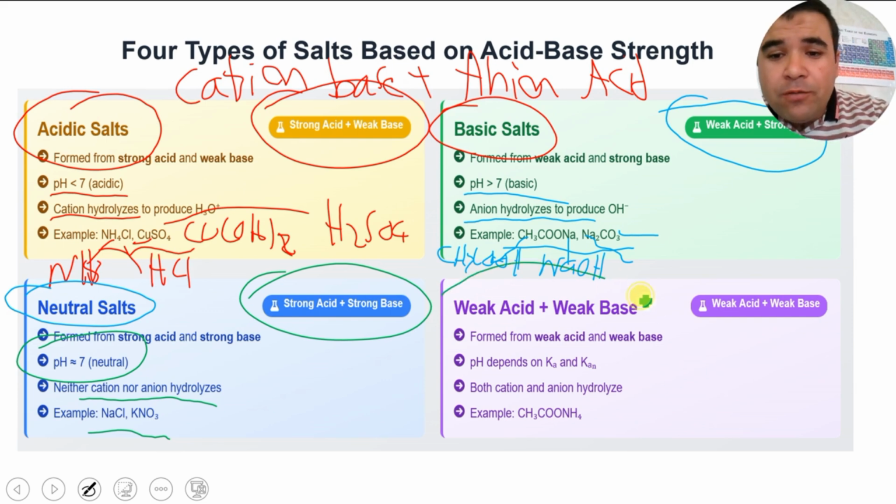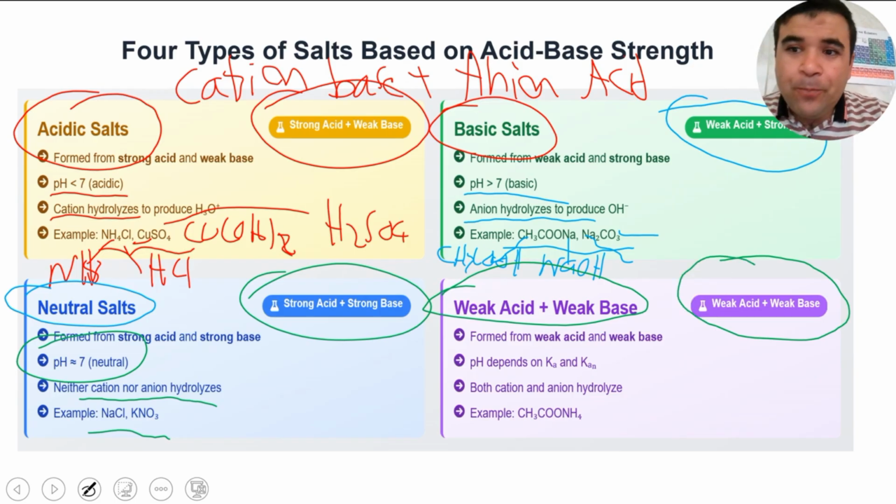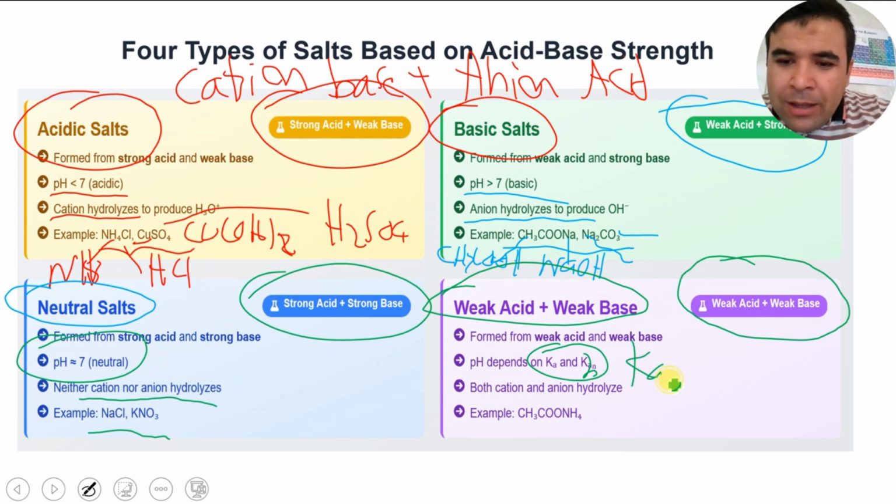And the last type of salt is obtained from a weak acid and a weak base. Unlike the neutral salt, guys, this salt can be acidic, basic, or neutral. Its pH depends on the values of Ka and Kb. We'll talk about the Ka and Kb values in chapter 6, on the ionization constants of acids and bases. If Ka is more than Kb, it's acidic.